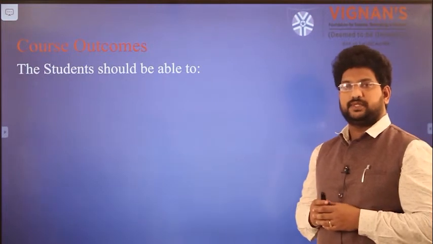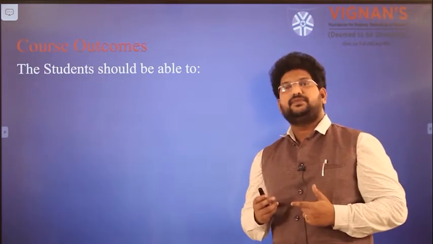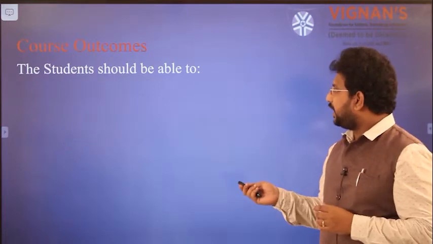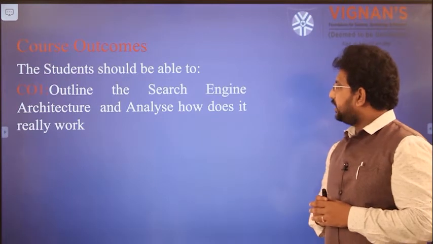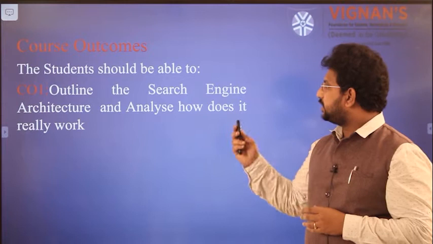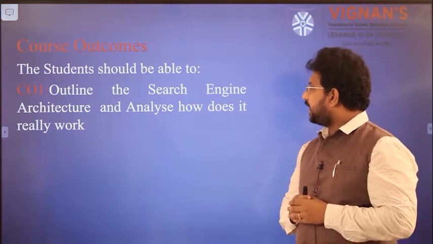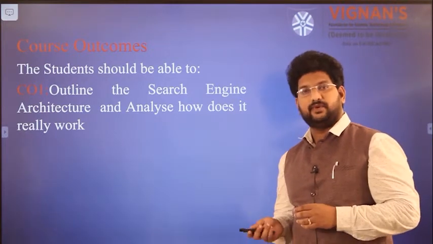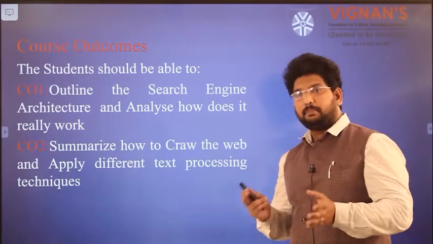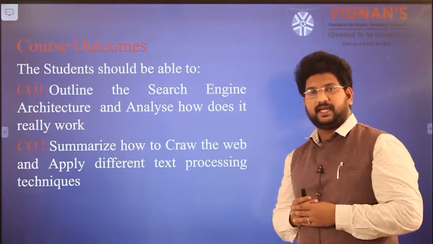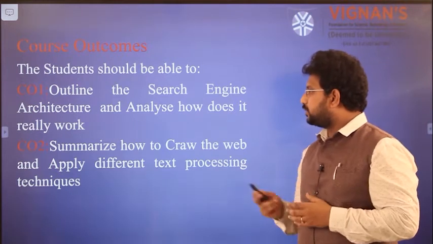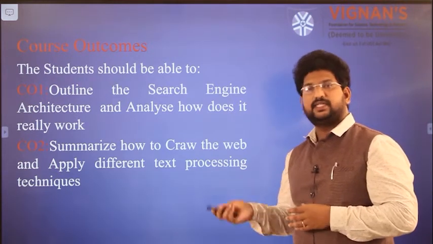Next, course outcomes. After completion of this course, the student should be able to understand and outline the search engine architecture and analyze how it really works. CO1 is to outline the search engine architecture and analyze how it really works. CO2, summarize how to crawl the web and apply different text processing techniques.